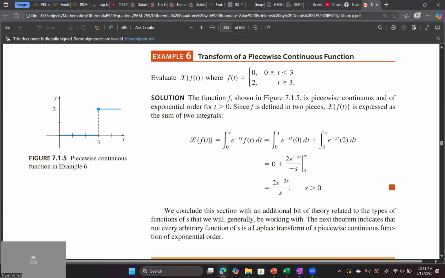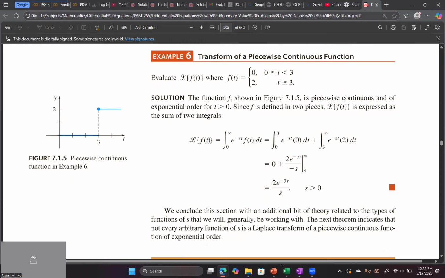So in example 6, I have a function f of t defined as 0 from 0 to 3 in time domain, and beyond 3 it is 2. So that's a kind of step function. Step functions are very useful in signal analysis and the study of electrical systems to get the response against the step functions.